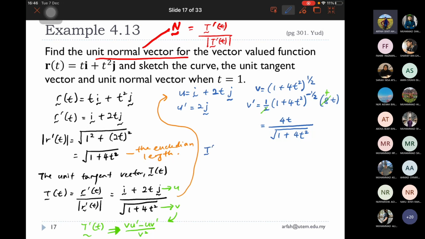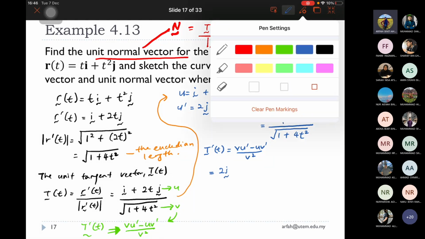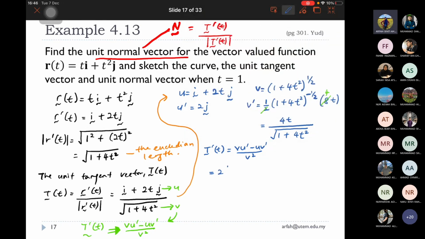So T prime of t sama dengan v u prime tolak u v prime divided by v squared. So dia akan sama dengan v u prime, 2j darab square root 1 tambah 4t squared, jadi 2 darab square root 1 tambah 4t squared j tolak dengan u v prime.